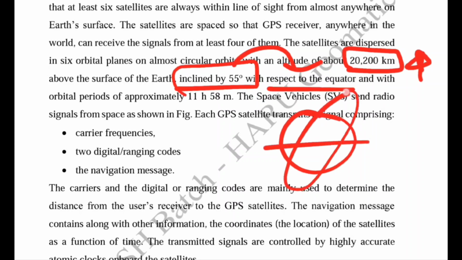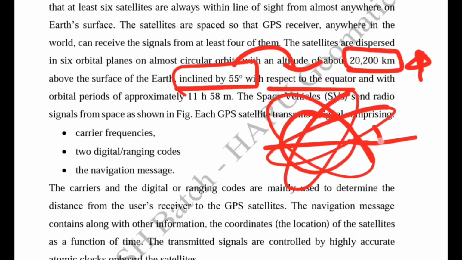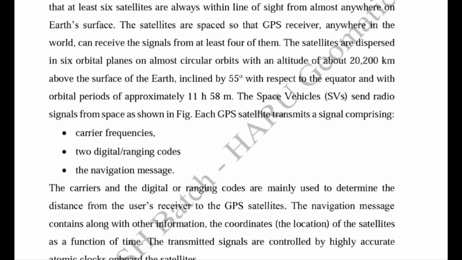So these are the orbits revolving around the Earth, with approximately 55 degrees inclination and an altitude of 20,200 km. So we can say that all the GPS satellites revolve in the MEO, meaning medium Earth orbit.